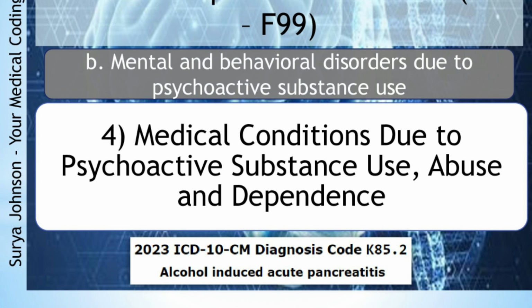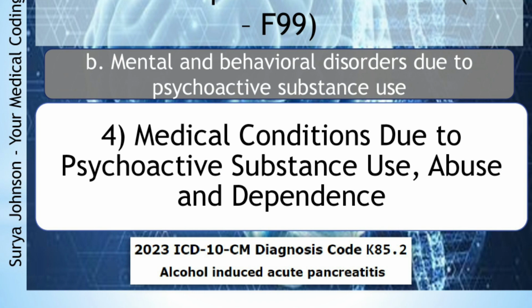If there is no diagnosis that specifies the sexual dysfunction is due to this substance use, abuse or dependence, and there is no combination code, as I have already explained in the conventions, split it and code. You will code the medical condition separately first, followed by the substance use, abuse or dependence, whatever has been documented.